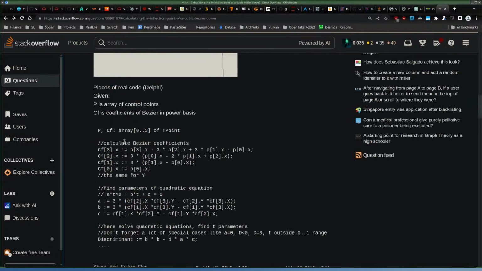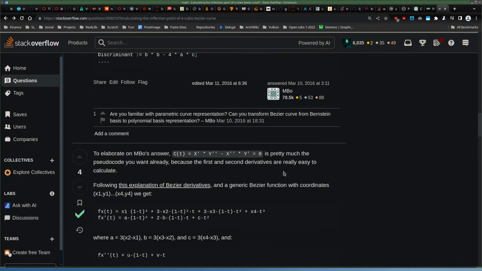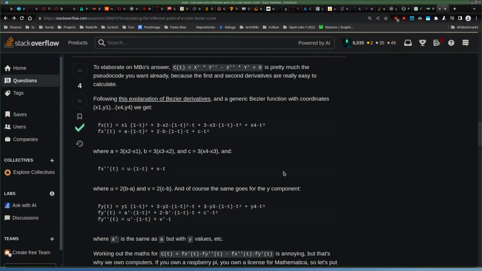And then I see this code and I say, hey, this is what I was looking for. But there are minus signs in it. I don't know what it is actually. Let's go for this one. You even get the derivatives now for free.